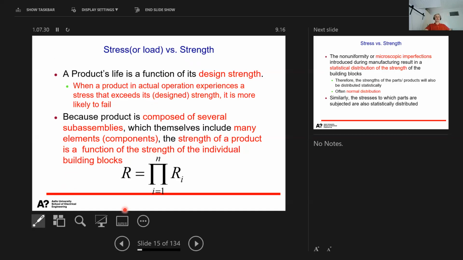So simple as that. And then of course, when we are talking about products which are made of several different components, every component has its own strength, and then the strength of the whole product is some kind of a function of the strength of the individual building blocks.